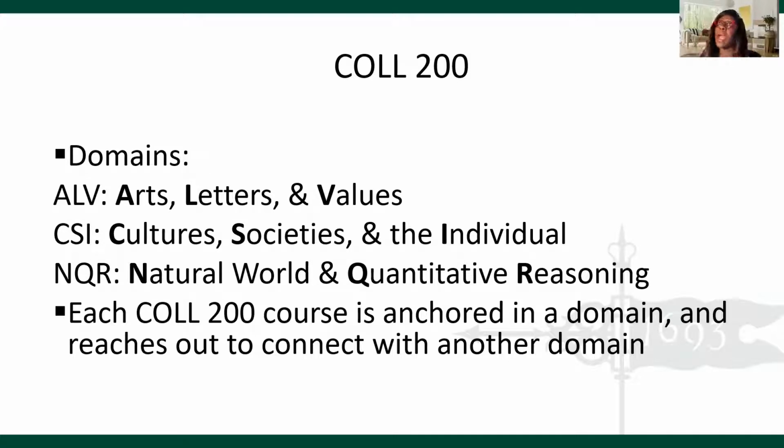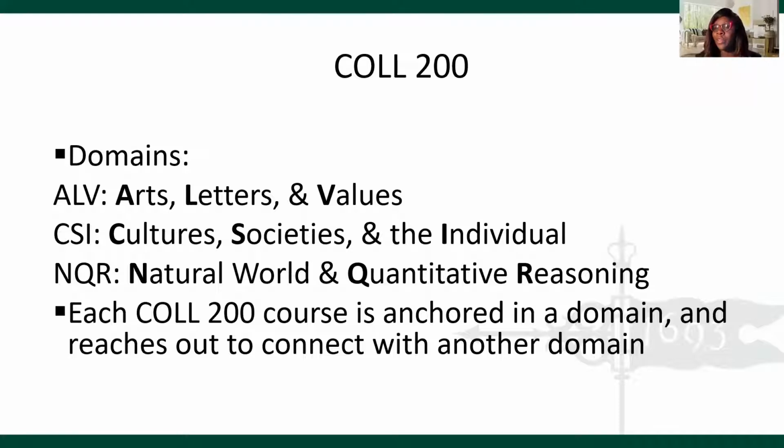And students would ask, well, if I take a course and it has an ALV attribute and a CSI attribute, will I get both of those requirements fulfilled with the one course? The answer is no, in this sense, but we'll talk about how you can overlap up to three courses under the COLL curriculum. Okay, so we'll talk about that later.